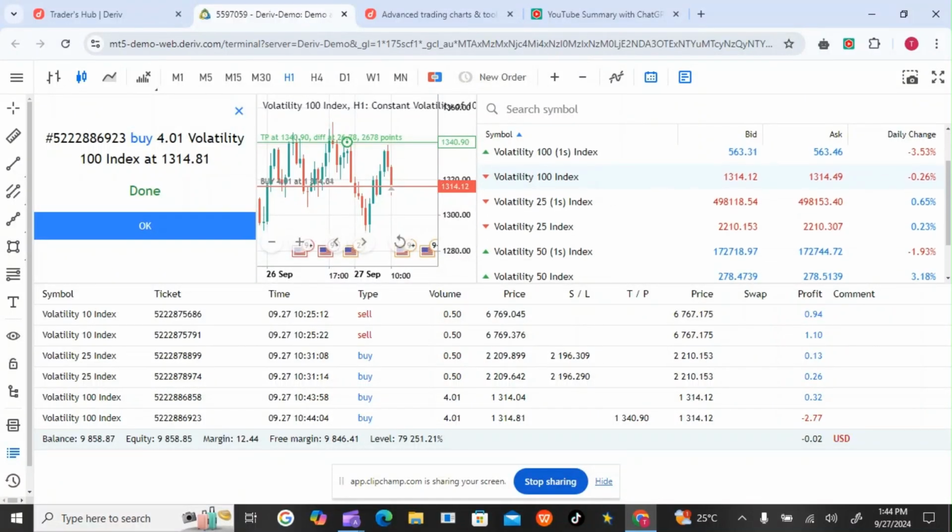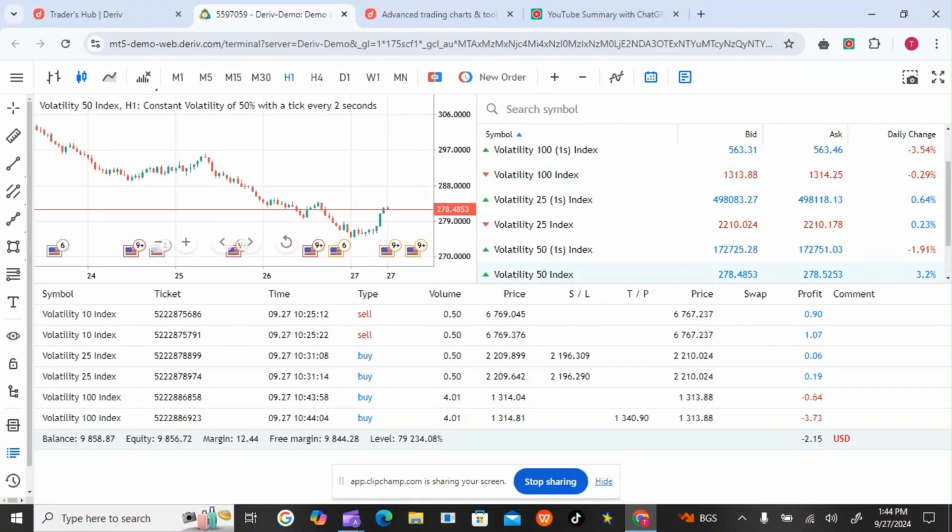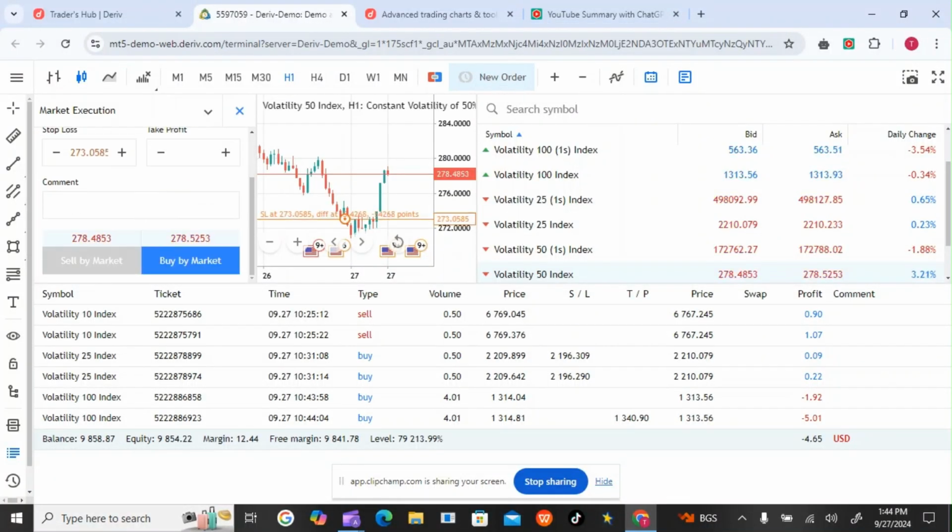The only market we have not taken a trade on is this one, and let me see whether it will take the trade. So we sell. I don't know why it's not selling the volatility 50, but let me try.